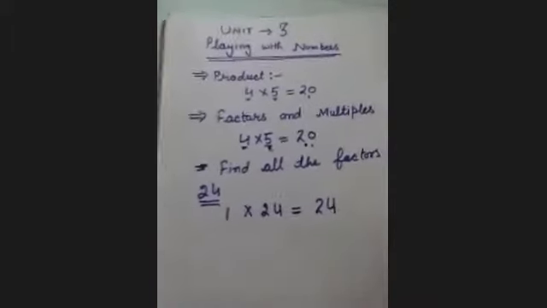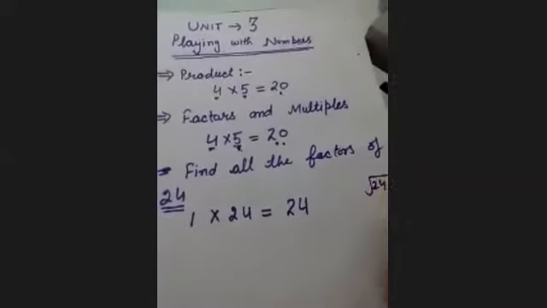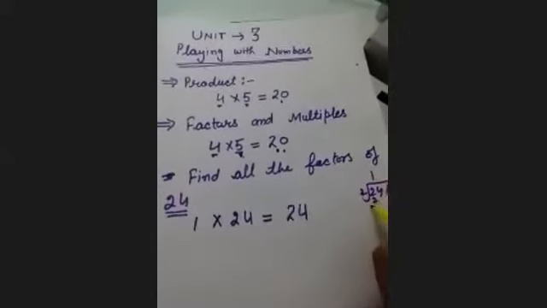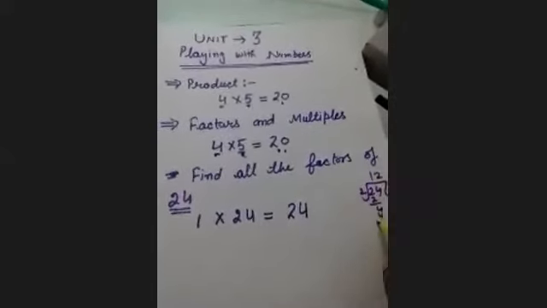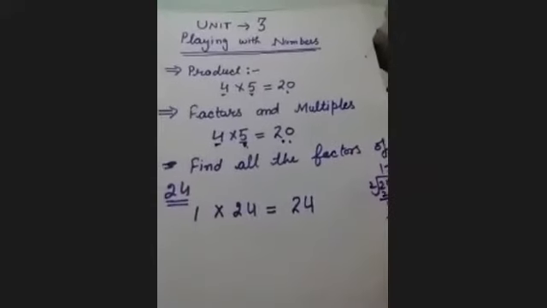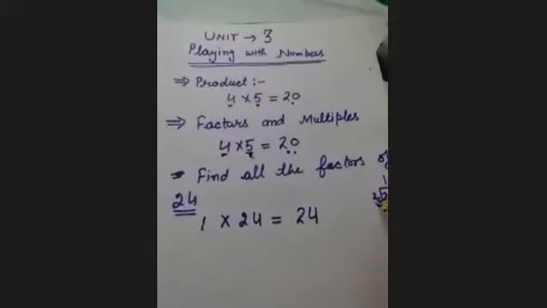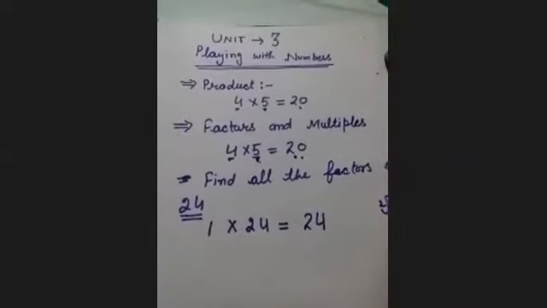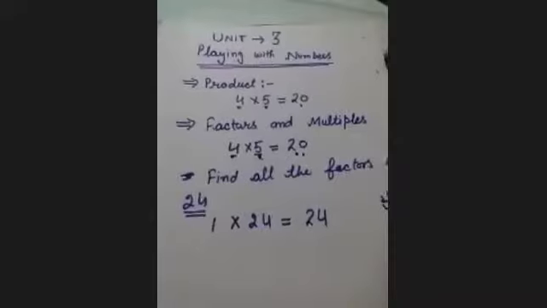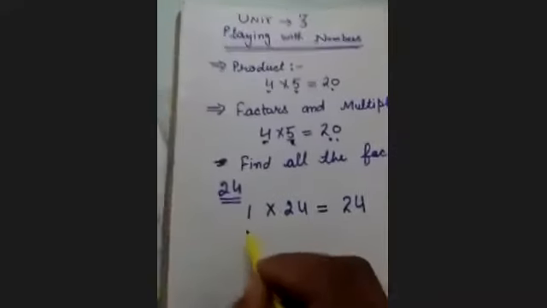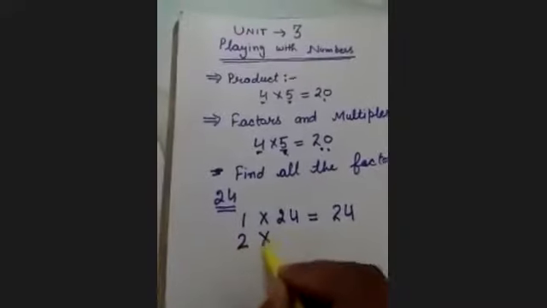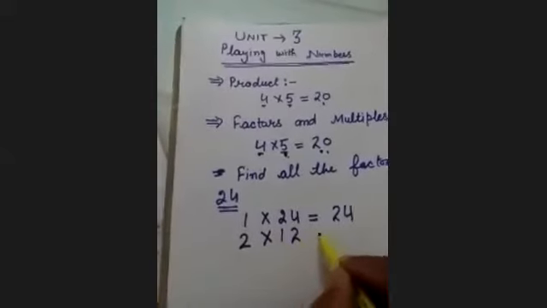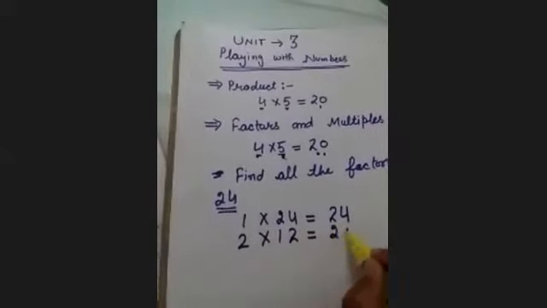Now students, on the rough side, 24 divided by 2. 2 1s are 2, 2 2s are 4. So the remainder is 0. So it means 2 and 12 are also factors of 24. So write 2 multiplied by 12 is 24.